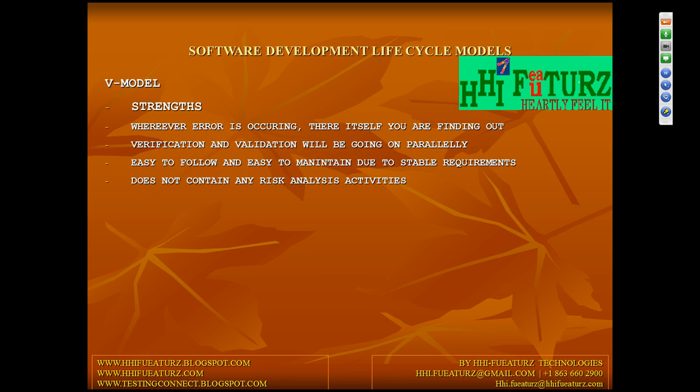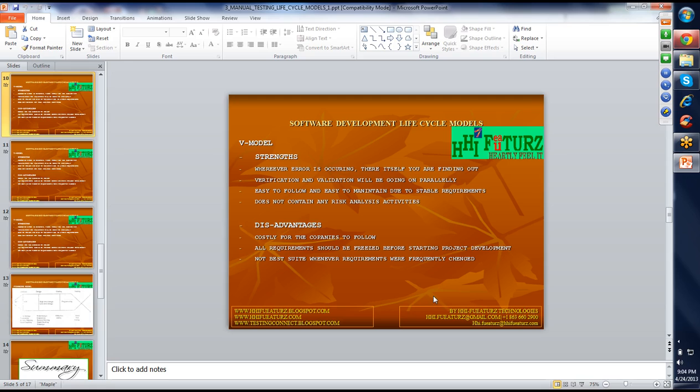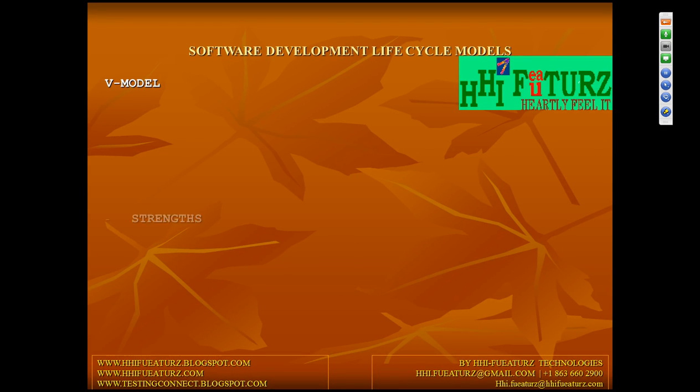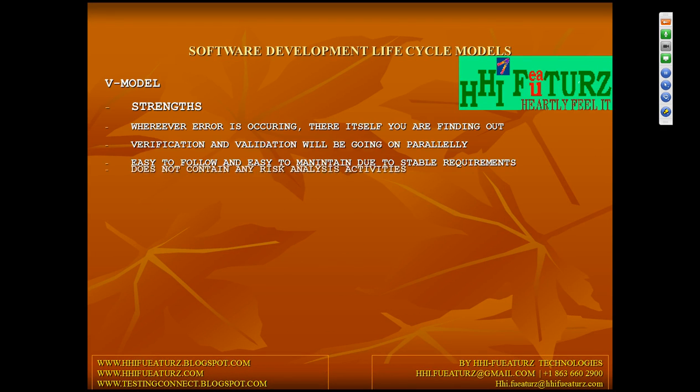Then verification and validation go parallelly, and it is easy to follow and easy to maintain due to stable requirements. Even for the V model, you go for it only if your priority is stable requirements. Otherwise you cannot go for the V model. So these are the advantages of your V model.